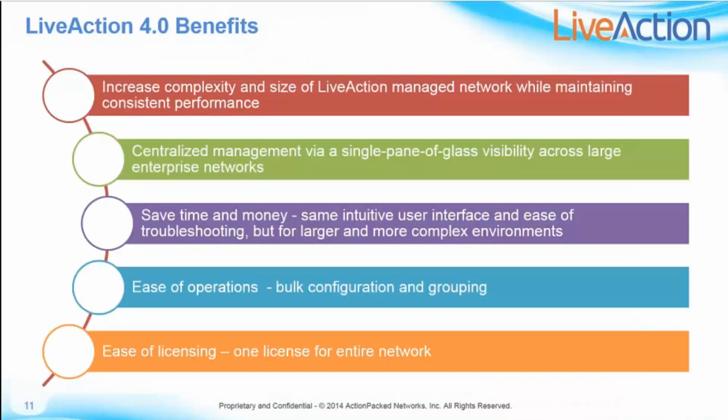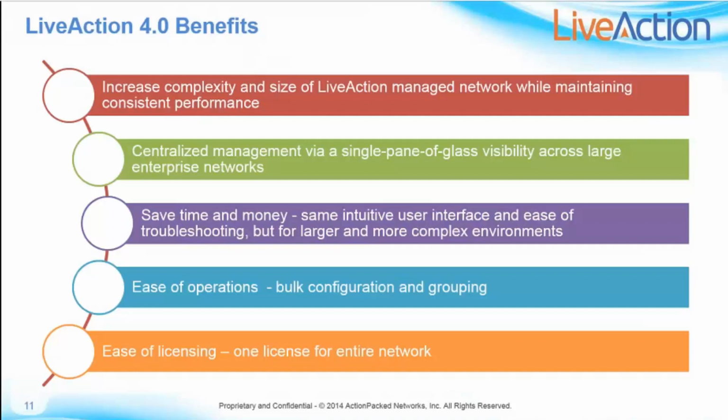So 4.0 benefits would increase the complexity and the size of the LiveAction managed network while maintaining consistent performance. Centralized management via single pane of glass visibility across large enterprise networks, saving time and money and mean time to repair.